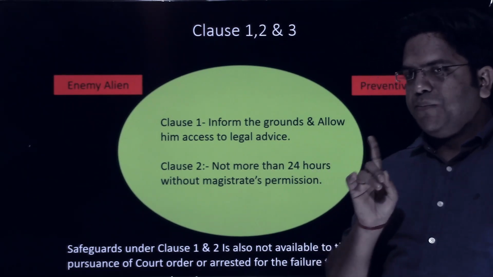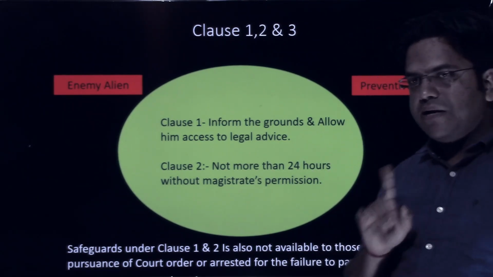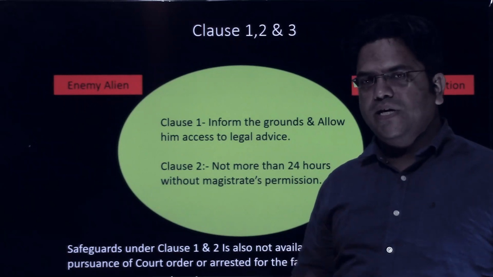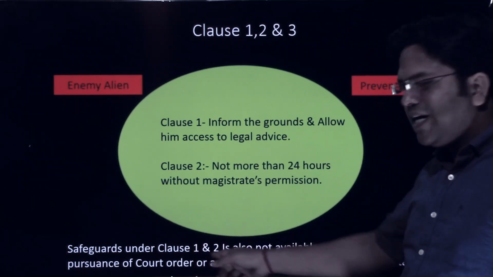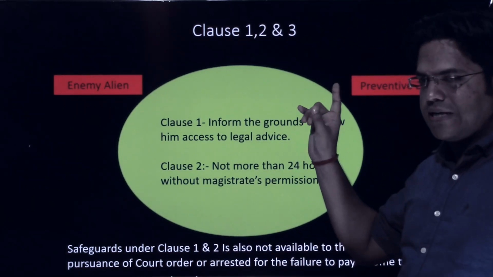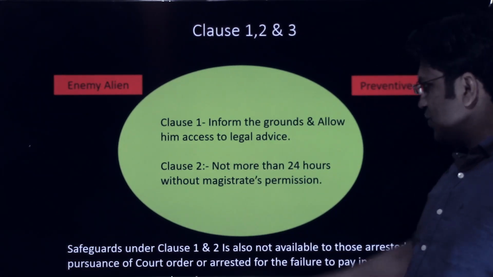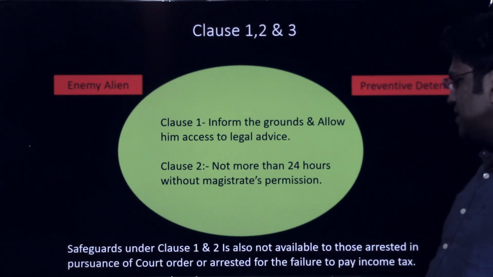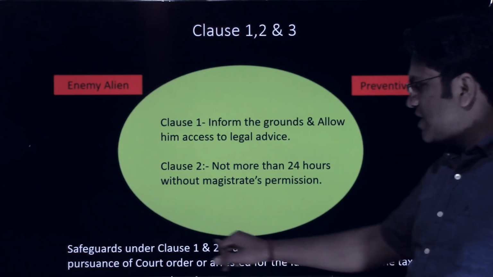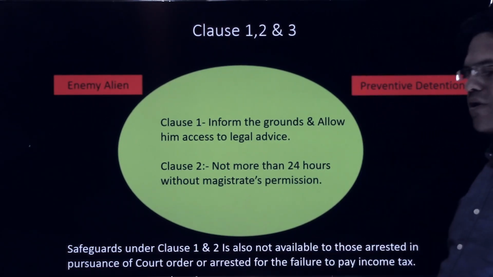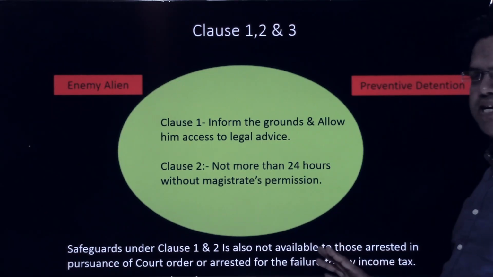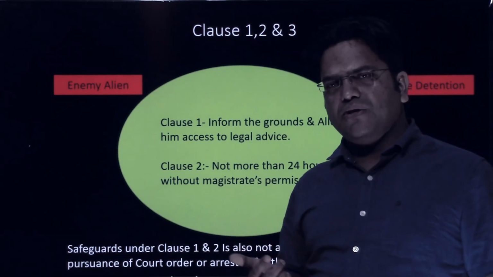So when police come, they are not coming in an arbitrary manner; they hold a warrant, they hold an order. That's why, if you remember the heading, protection under certain cases: the safeguard under clause 1 and 2 is also not available to those arrested in pursuance of a court order or arrested for the violation to pay any income tax or for the violation of any contract.